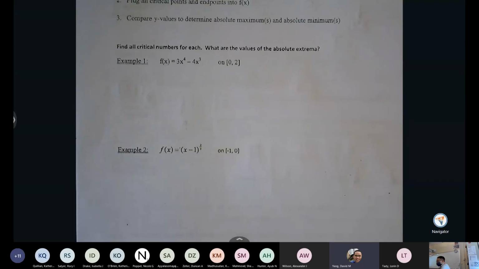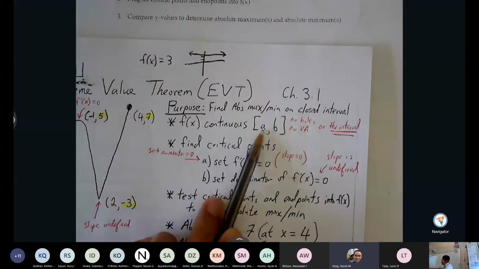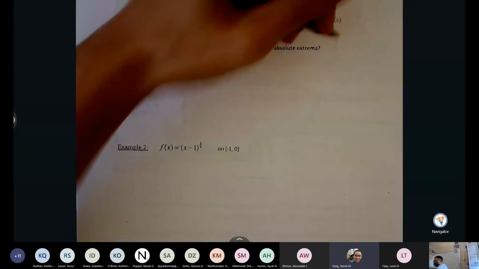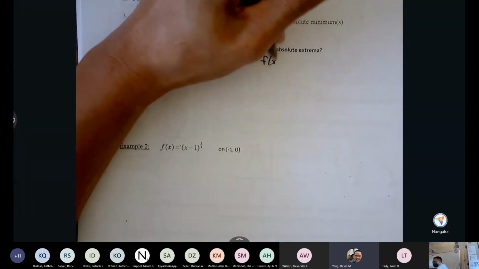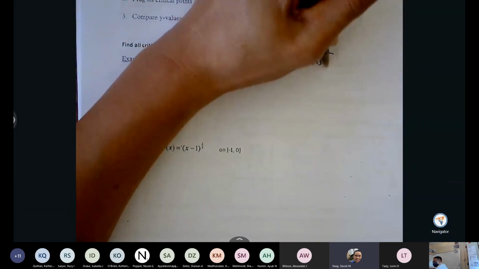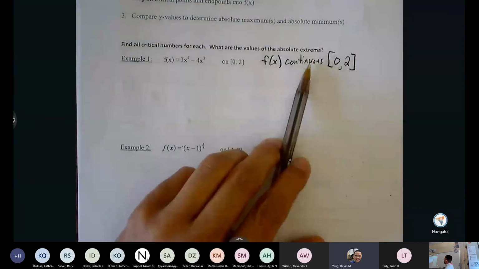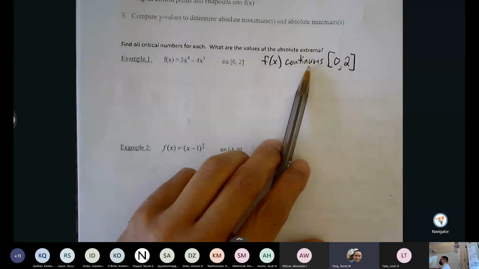So we're going to have to make our statement about continuity. So we say our function is continuous on the closed interval. We've worked with continuity conditions before, right?